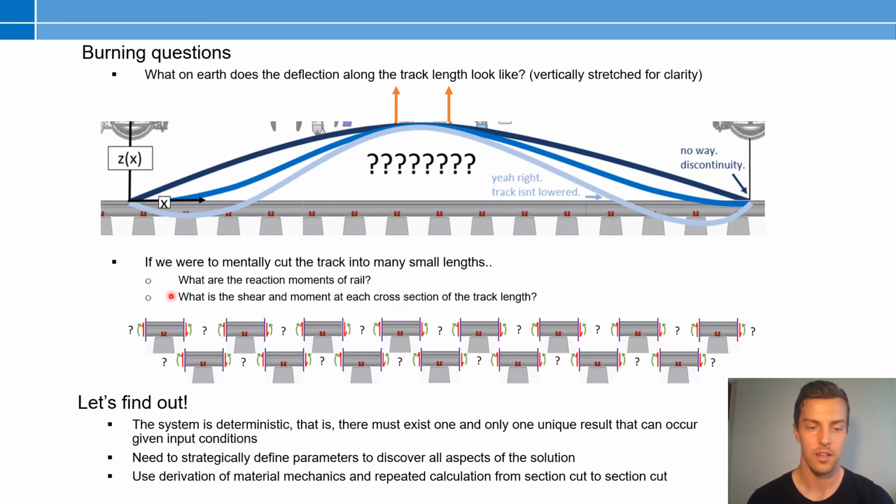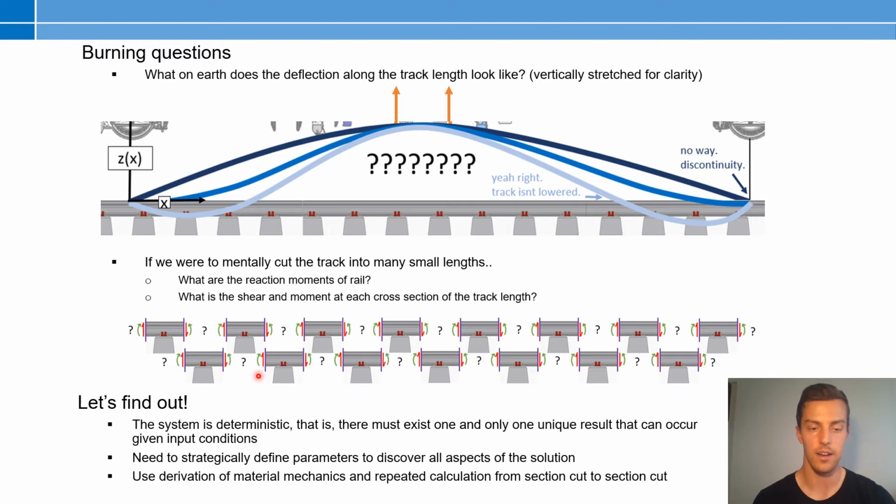We can look at the torque or moment and force at the start boundary right here, and then that gets translated to the next segment, and the next, and the next. In doing that process, you can develop the entire nature of the whole section of track.